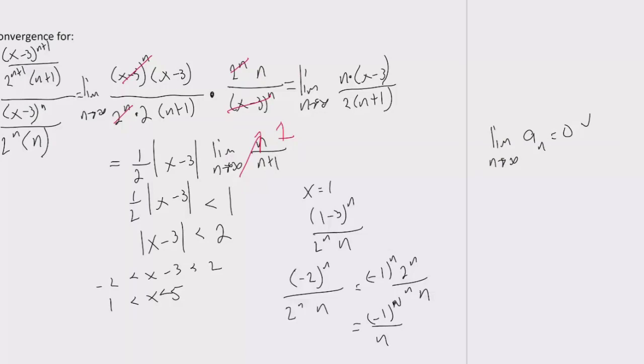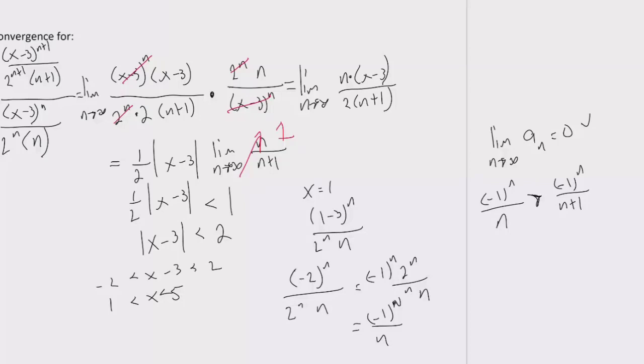And then what about the sequence? Is the sequence decreasing? So I got negative 1 to the n over n. Is it true that the term with n plus 1 is smaller, that my first term is going to be bigger than my second term?